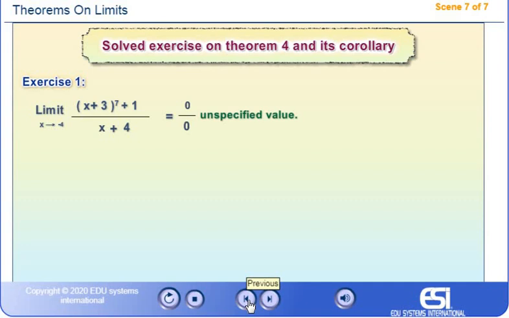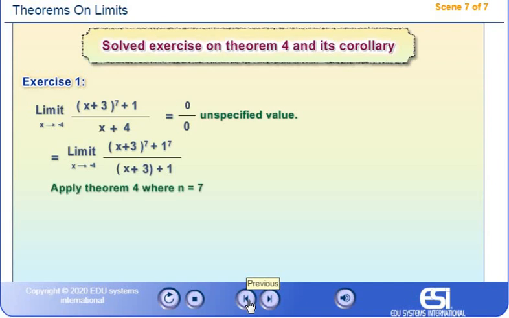In the numerator, as the bracket x plus 3 has the power 7, we convert 1 to 1 power 7. Apply theorem 4, where n equals 7. The answer: 7 times 1 power 7 minus 1 equals 7.